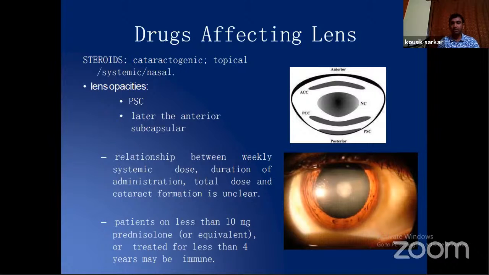The relationship between weekly systemic dose, duration of administration, total dose and cataract formation is unclear till now. Patients on less than 10 milligrams of prednisolone or equivalent, or treated for less than 4 years, are usually immune, it is said.